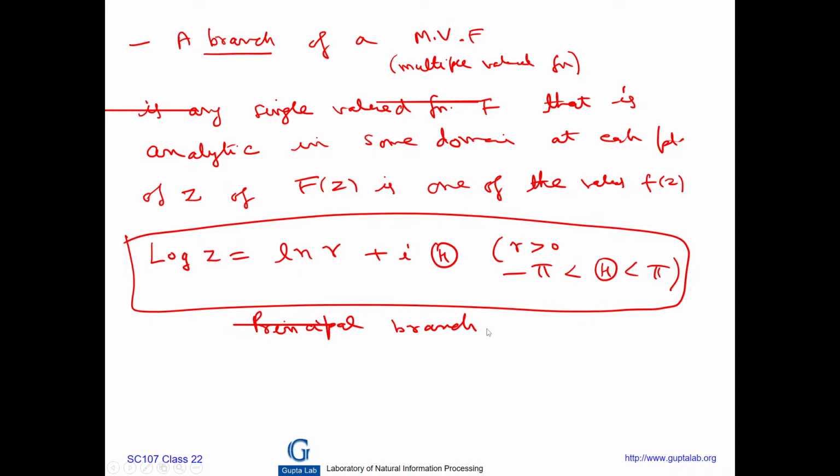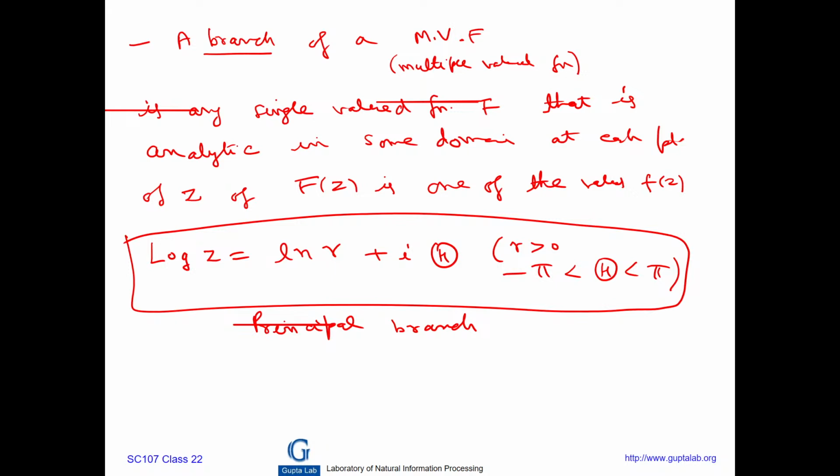Remember, capital L means principal log, and small l means actual log, the multiple valued function log z. So that is the difference. The idea is very simple: we are restricted to one branch. There are so many branches.